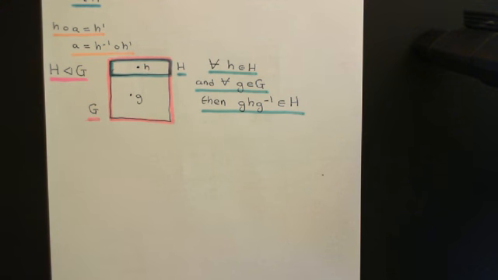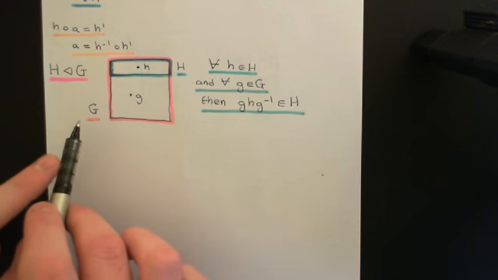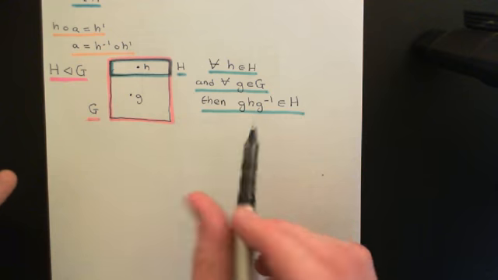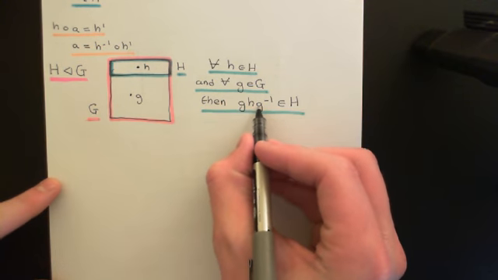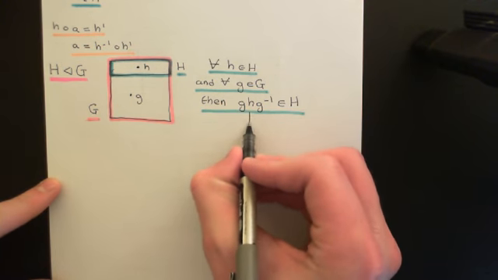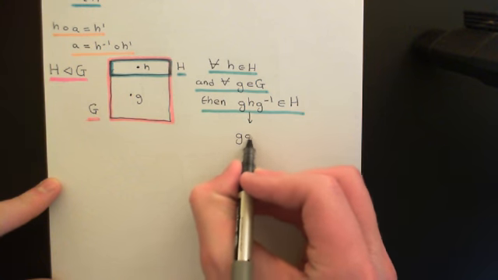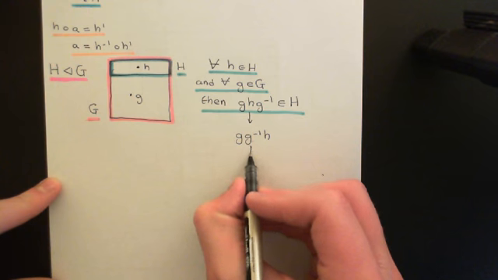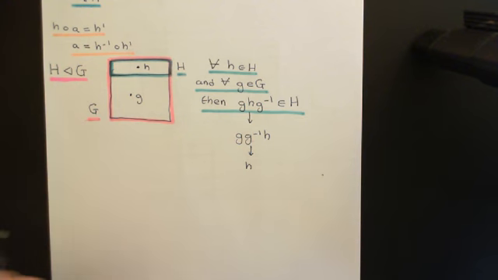Now, in the case of an abelian group, if capital G is an abelian group, this is a completely trivial definition, because in an abelian group you can just swap around h and g inverse. So you can rewrite this as g g inverse h, and therefore you can cancel off the g and g inverse and get that this is just little h.